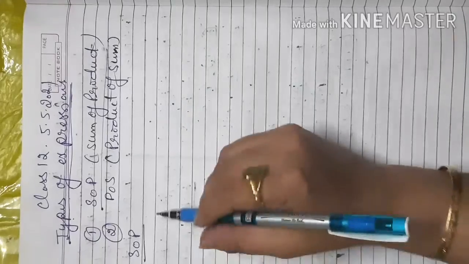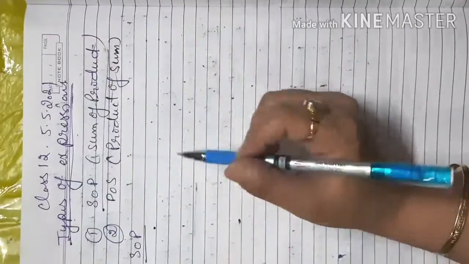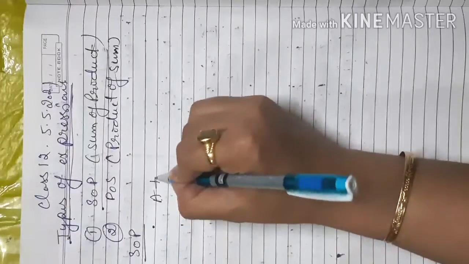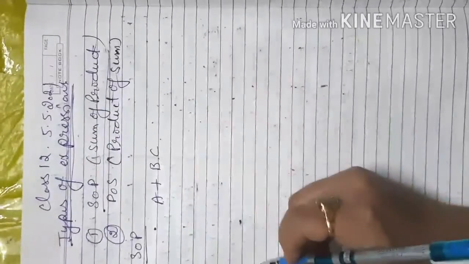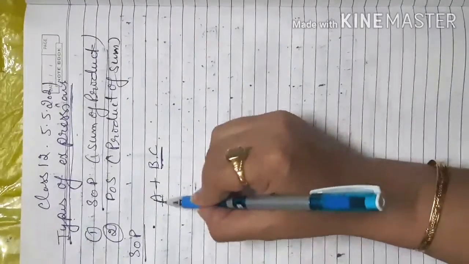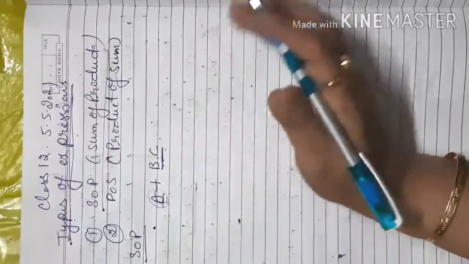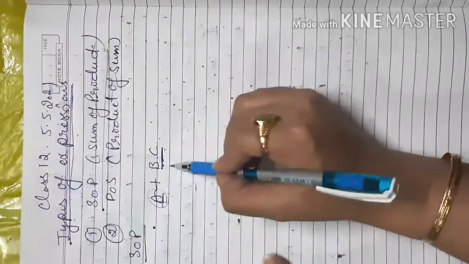This type of expression is formed by adding the product terms of the variables. Like here, if I write A plus BC, that means two inputs are multiplied. Here only a single input is there, so we are going to add this. That is the sum of product.